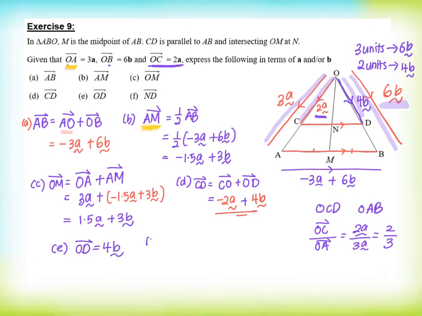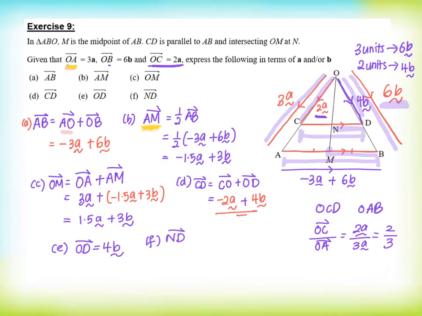Last but not least, let us find N to D. Now this is a pair of similar triangles. If M down here is the midpoint, that means M to B is half of AB. If that's the case, N to D will also be half of CD.